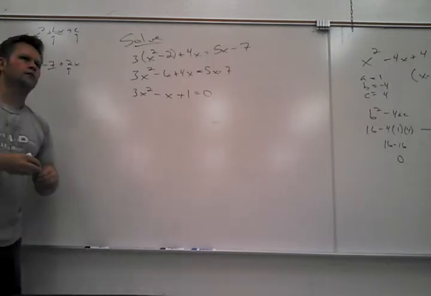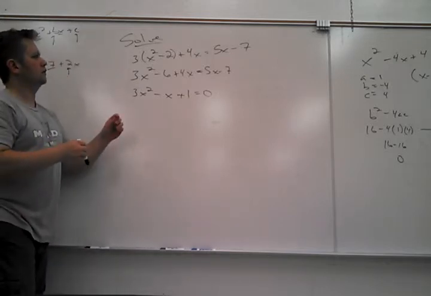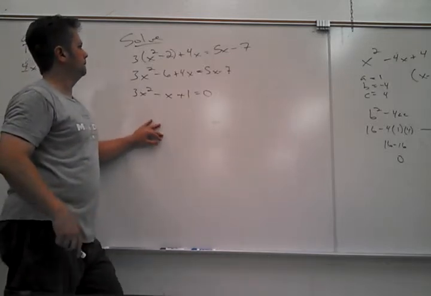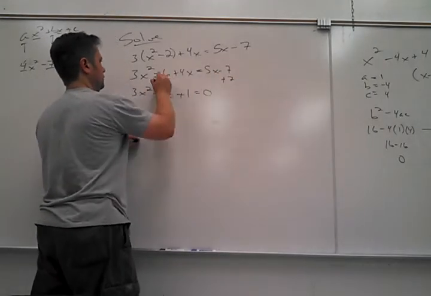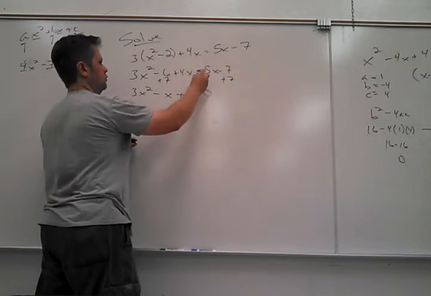I have a question for the 5x minus 7. Did you just change the sign for the 5x, or did you also? Oh yeah, add the 7. Oh, okay. And subtract the 5x, yeah.